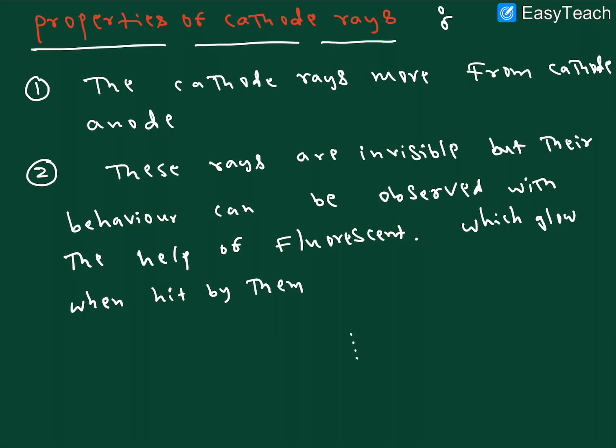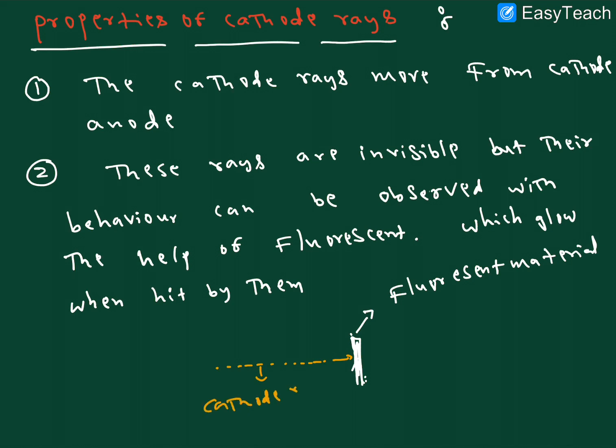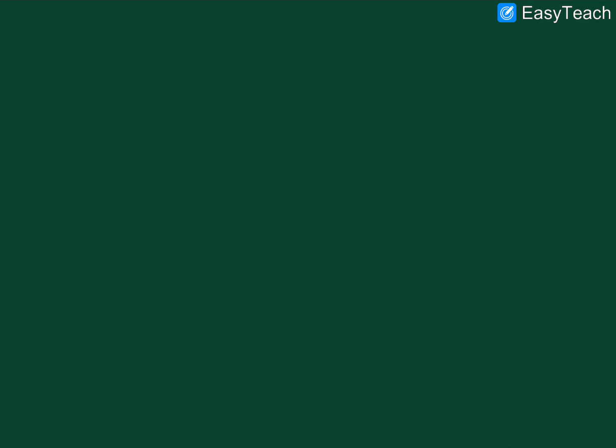For example, here I am taking a fluorescent material. Here we pass cathode rays. Whenever they hit the fluorescent material, it glows. Some glow is coming. So this is the nature of cathode rays. I hope this point is clear.